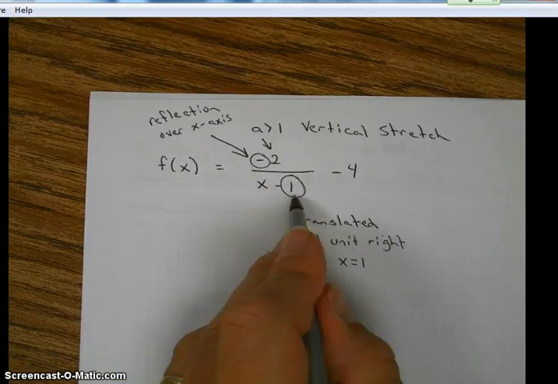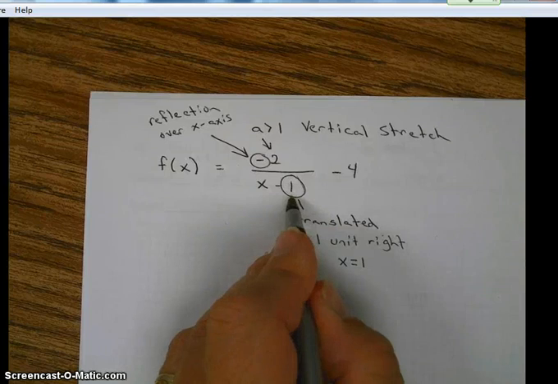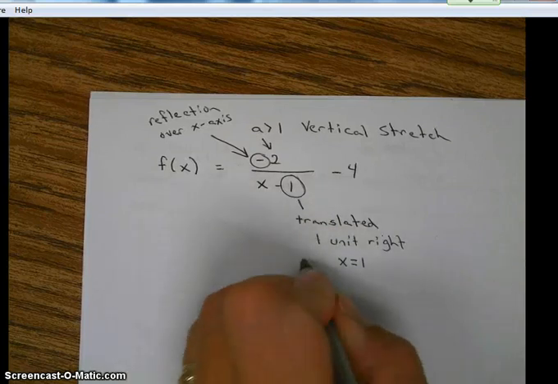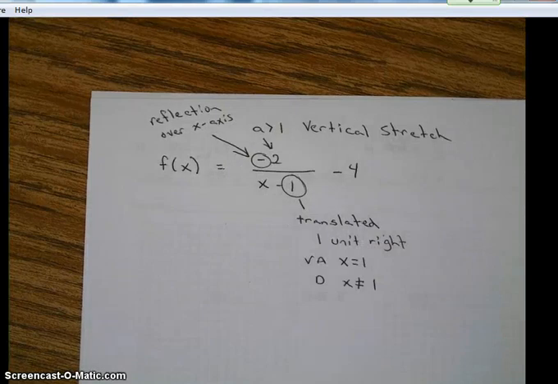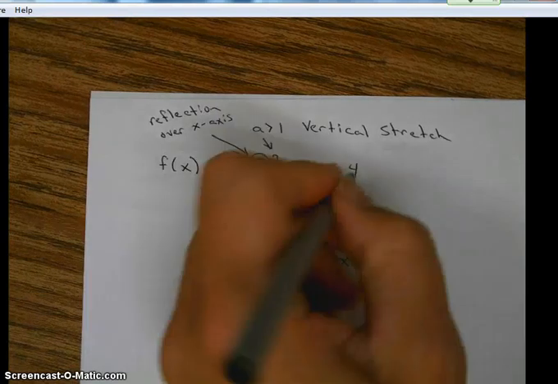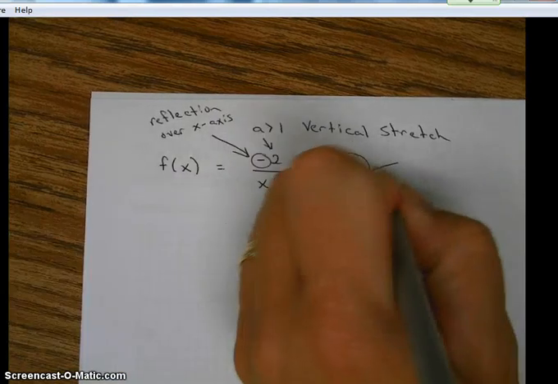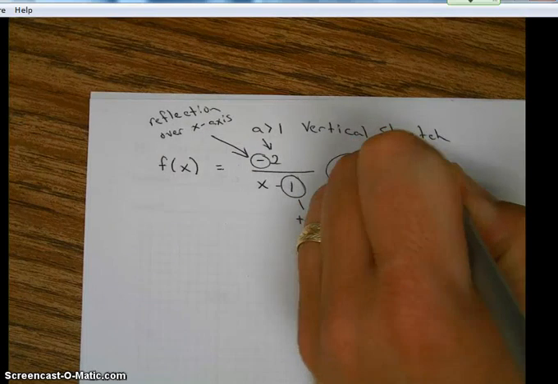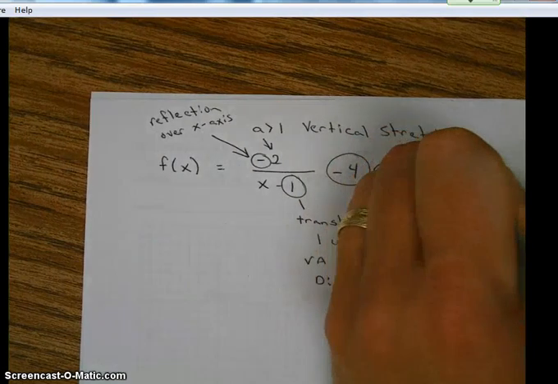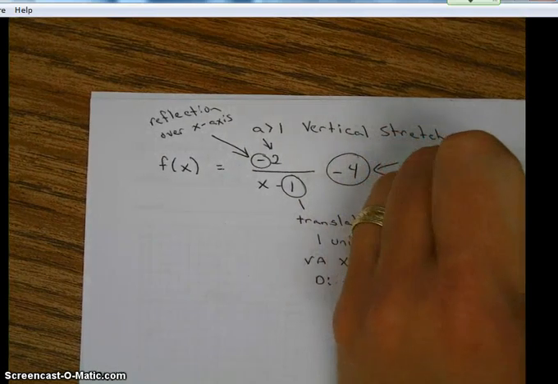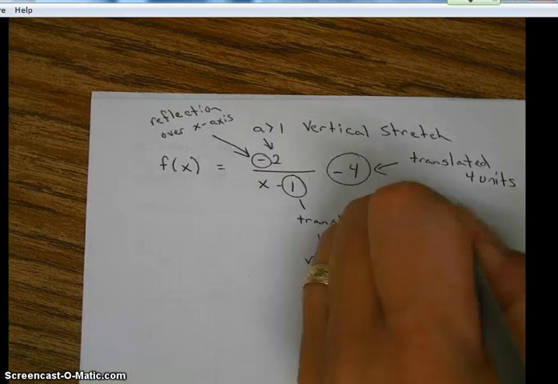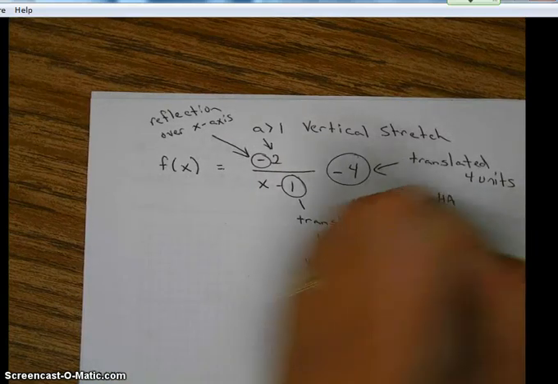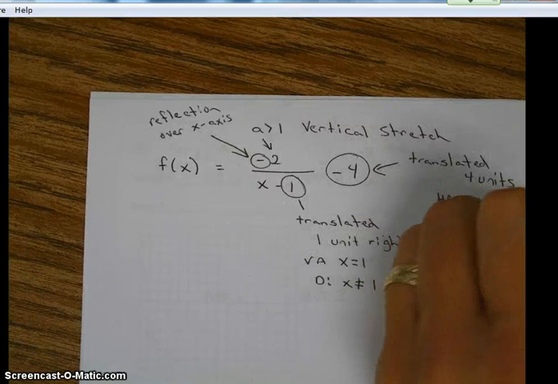It's also associated with the domain, where x does not equal 1. And then our k value is 4. It's translated 4 units down. And remember, that's associated with the horizontal asymptote. So we would have y equals -4.